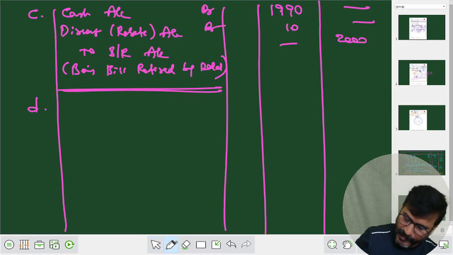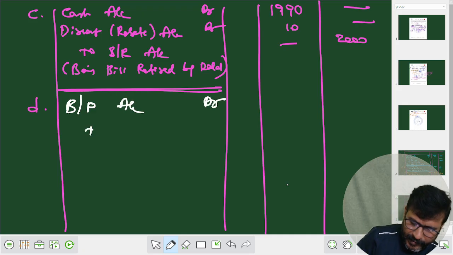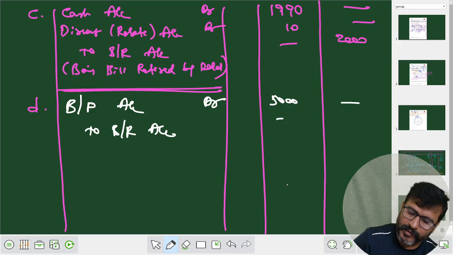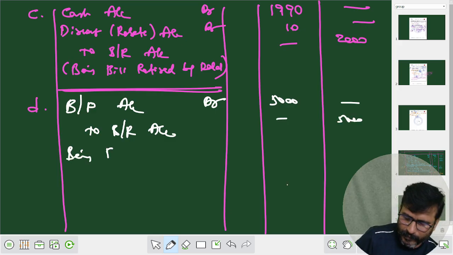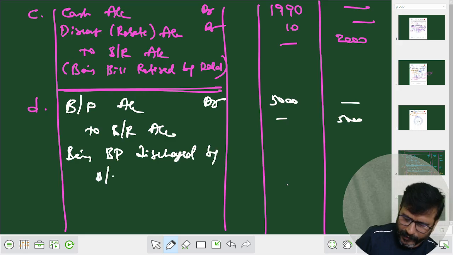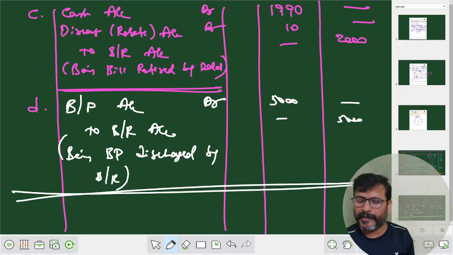Let us write the last entry, BP account debit to BR account. How much is it? 5,000. Being BP discharged by BR. I hope you got it right, my dear students.